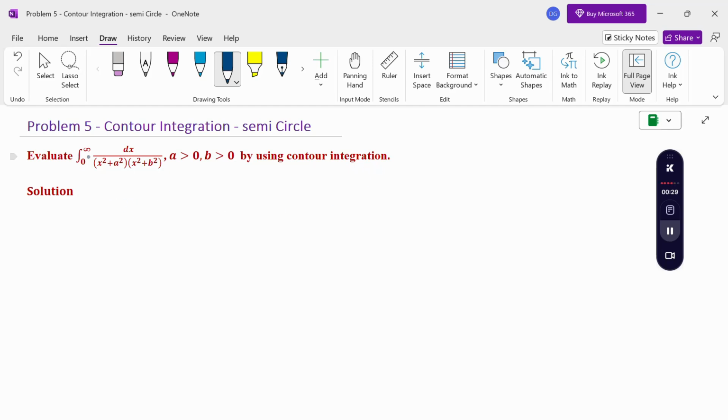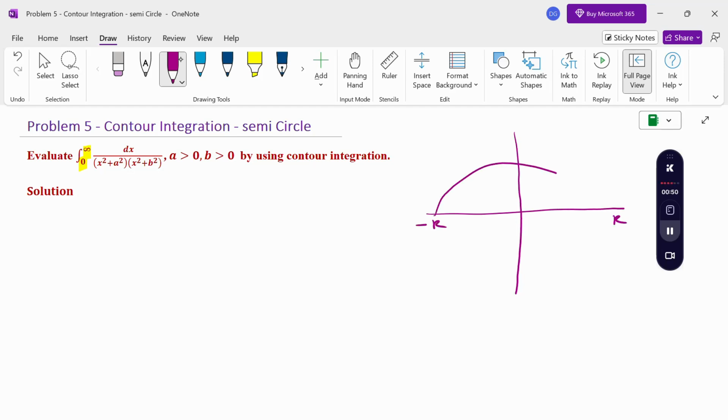Now first of all, in the previous problem, when we can apply the semicircle condition, it is mainly important that the limits are minus infinity to plus infinity, because this is a semicircle, minus r to plus r.